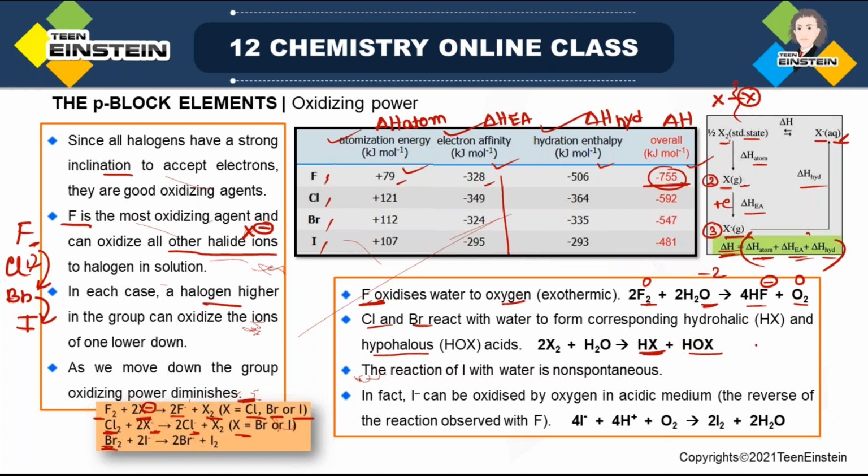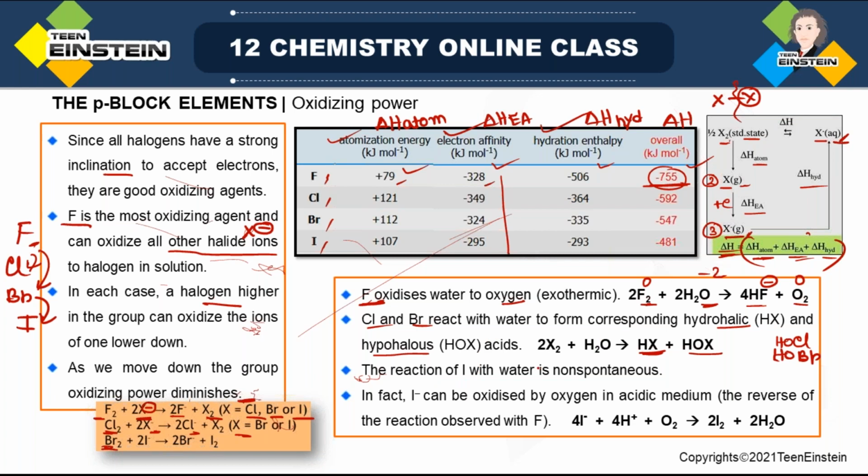If X is chlorine, it will be HOCl. If it is bromine, it will be HOBr. So we are getting two different types of acid. The general name is hydrohalic acid, that is HX, HCl and HBr, and the general name for the other acid is hypohalous acid, with the formula HOX.